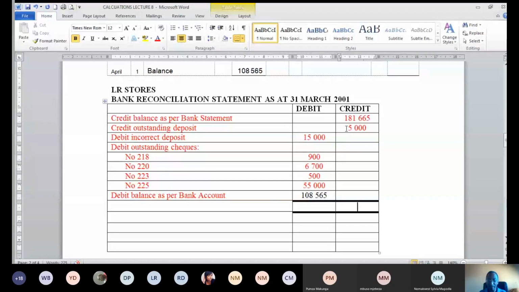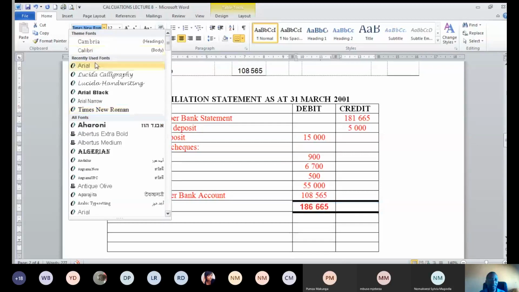If you add up the debit side, it is the 15,000 plus the 900 plus the 6,700 plus the 500 plus the 55,000 plus 108,000 Rand, and that will give you a debit amount there, guys, of 186,665.